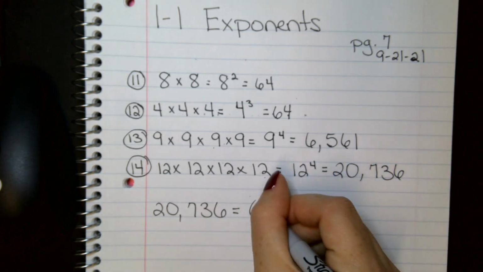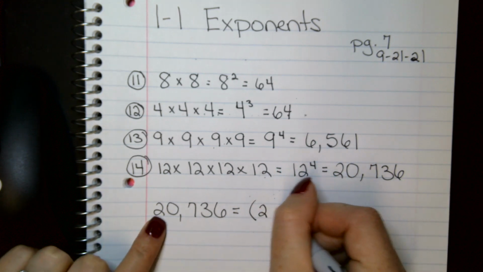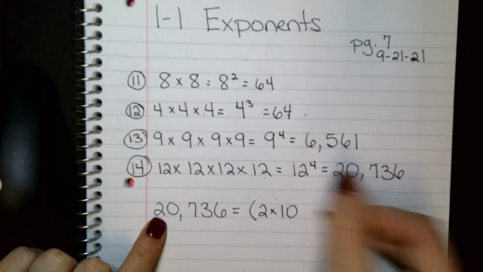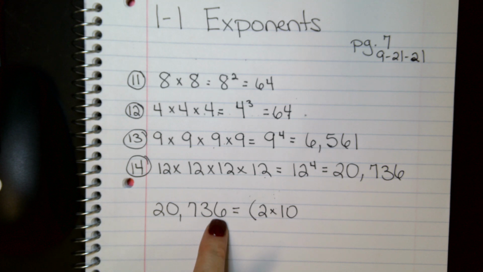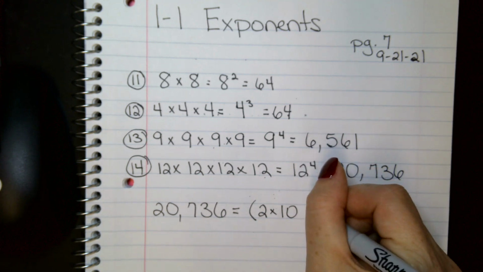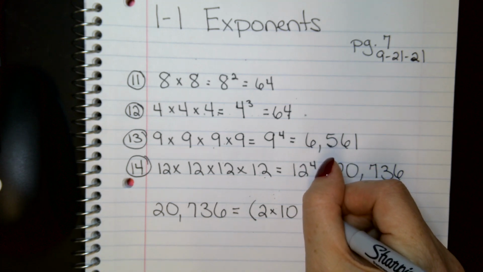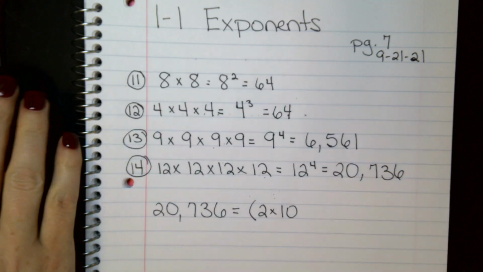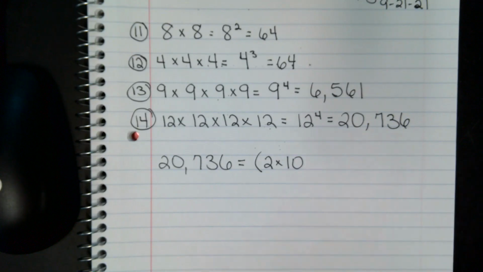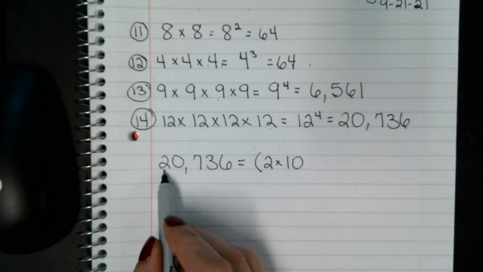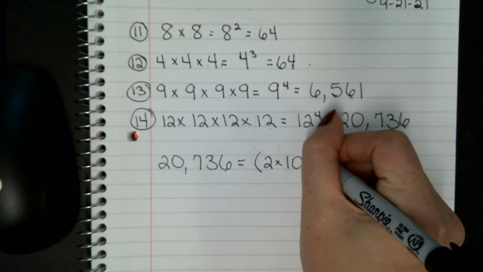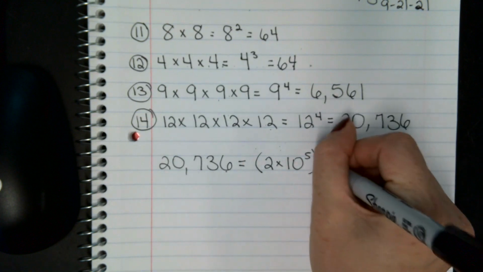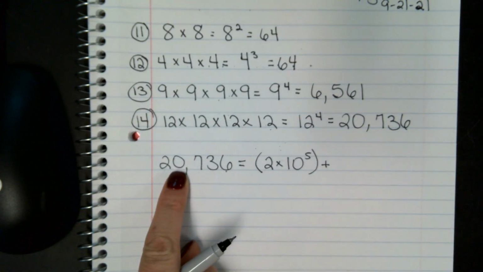So, you put parentheses, 2 times 10, and then you count how many places it is. 1, 2, 3, 4. All right, so sorry guys. So for the power, you go 1, 2, 3, 4, 5. Whatever place that 2's in. Okay. In parentheses.